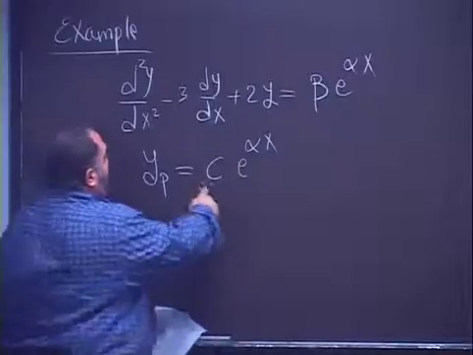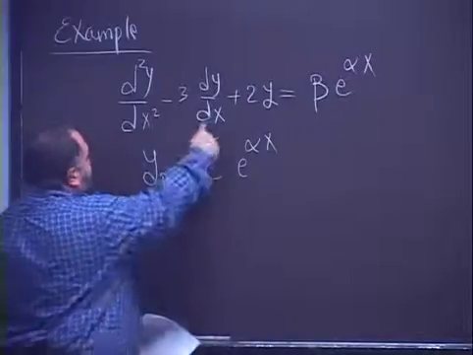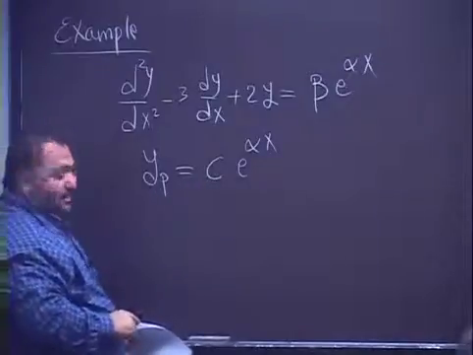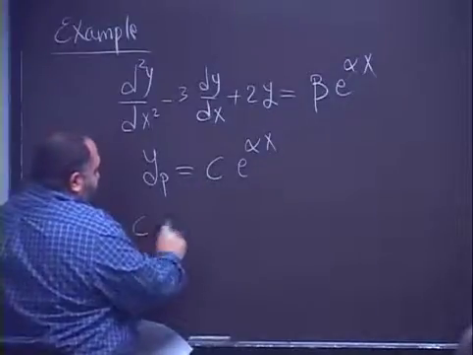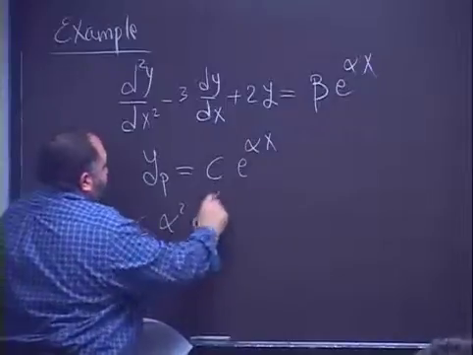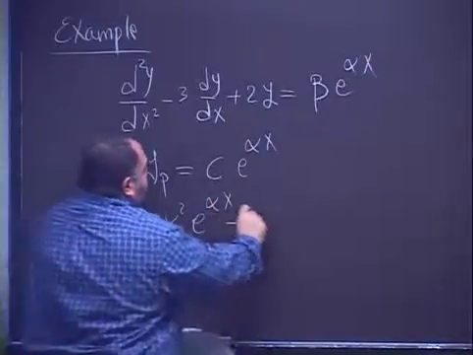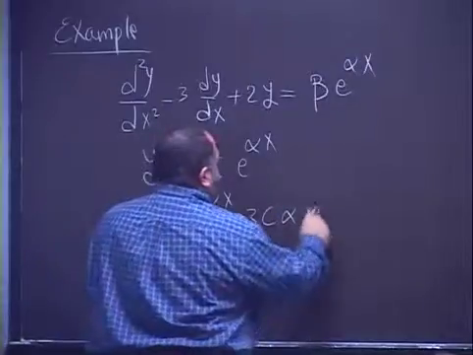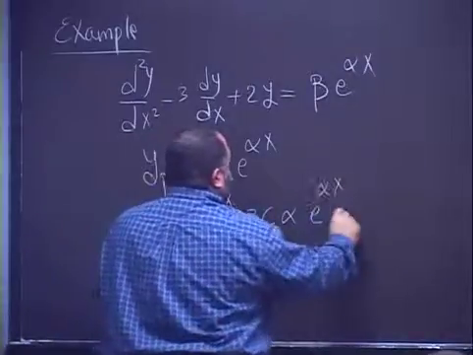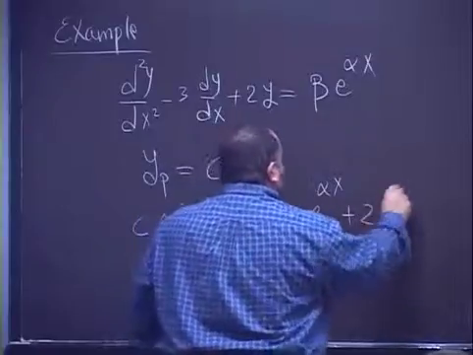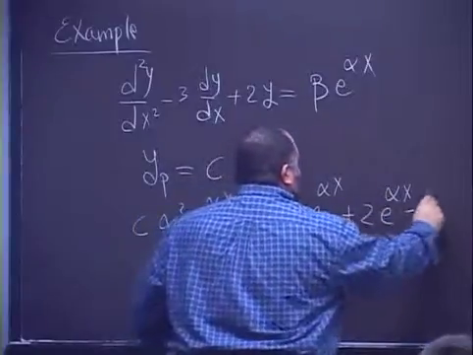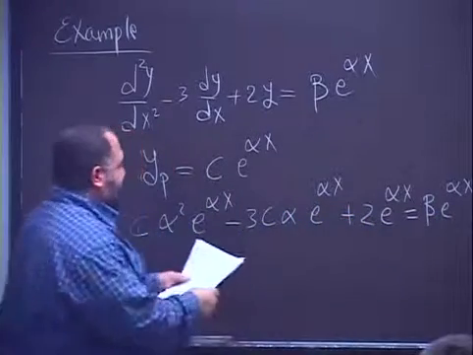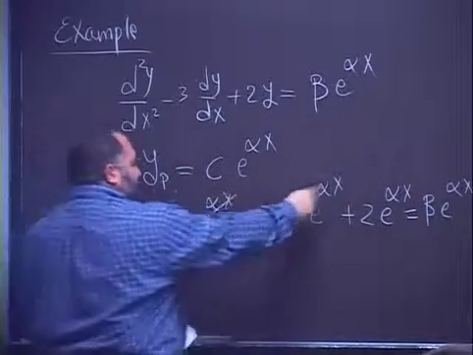If you substitute this into equation 1, differentiating twice, this will give you c alpha squared e to the power of alpha x minus 3c alpha e to the power of alpha x plus 2c e to the power of alpha x equal to beta e to the power of alpha x.